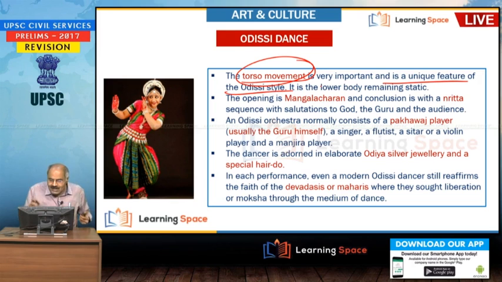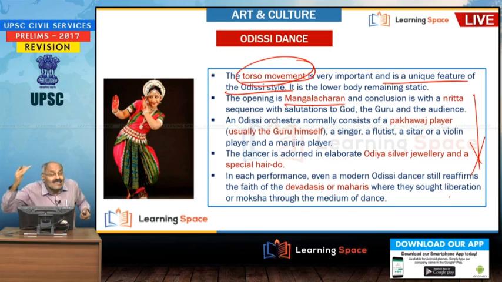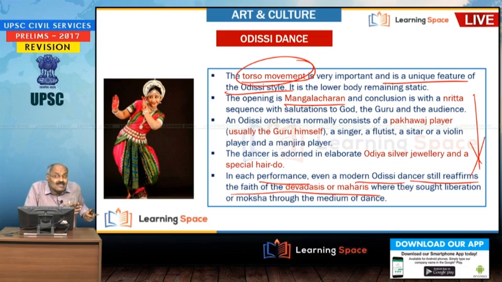And the opening is Mangalacharan. So like that, please go through this. Another important aspect of Odissi dance is that the dancer is adorned in elaborate Odia silver jewellery. That is one important aspect, right? Now, in each performance, even a modern Odissi dancer still reaffirms the faith of Devadasis or Maharis, right?